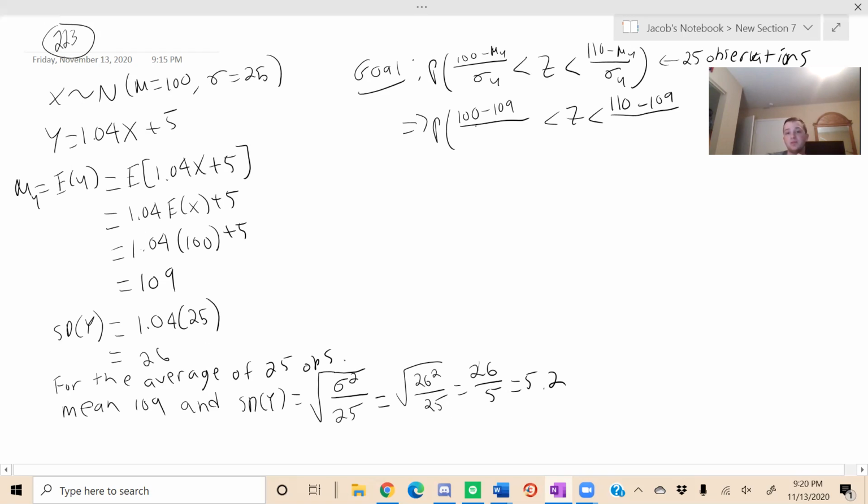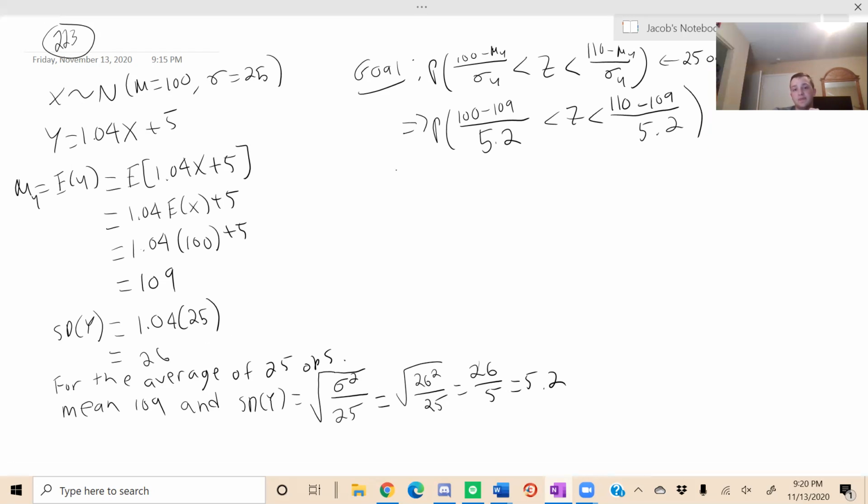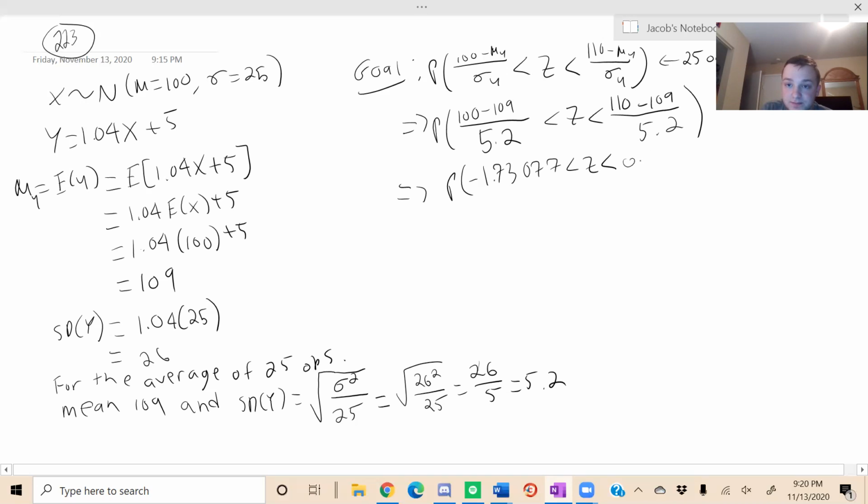So now we have everything we want. Now we can plug in 5.2 and 5.2. And now we just do the standard Z-table calculation. So this is the probability of negative 1.73077 less than Z less than 0.1923. Look at your Z-table.